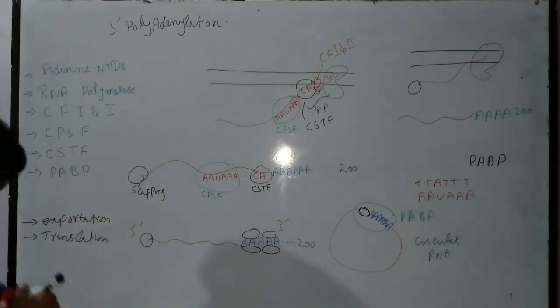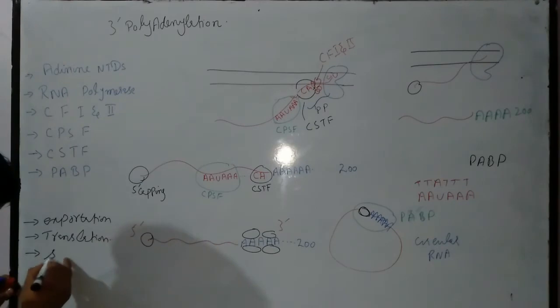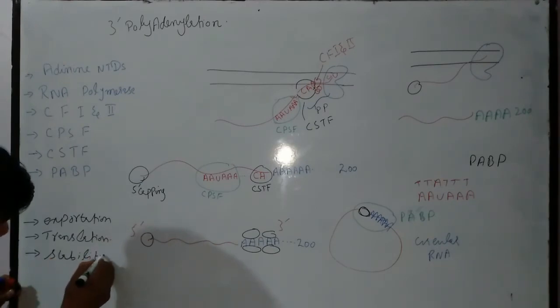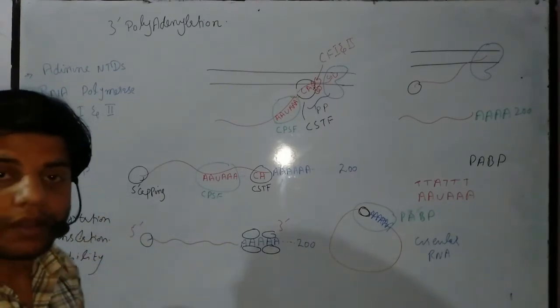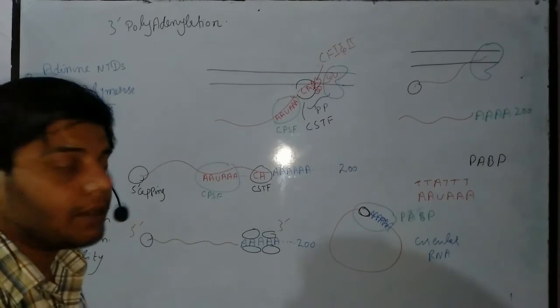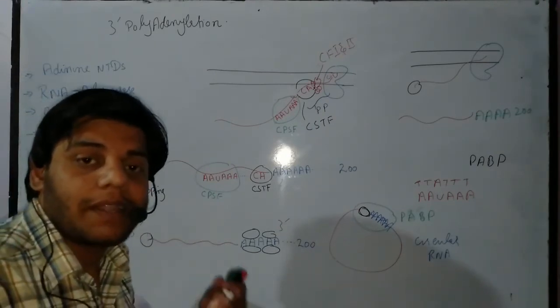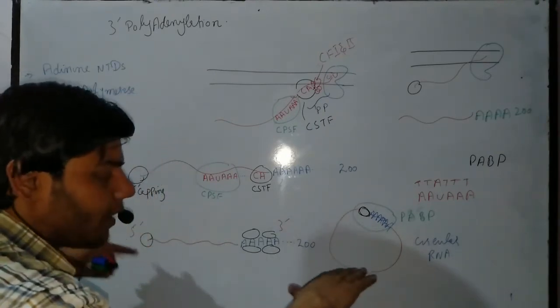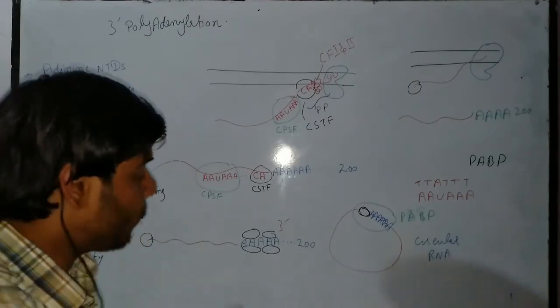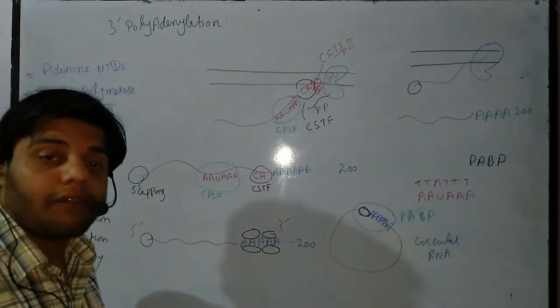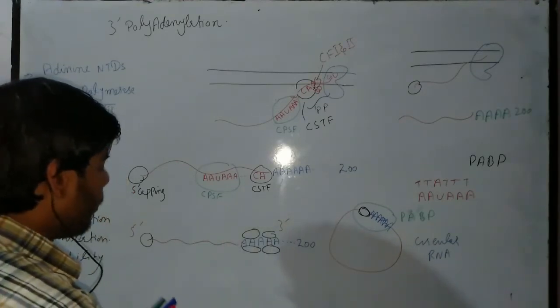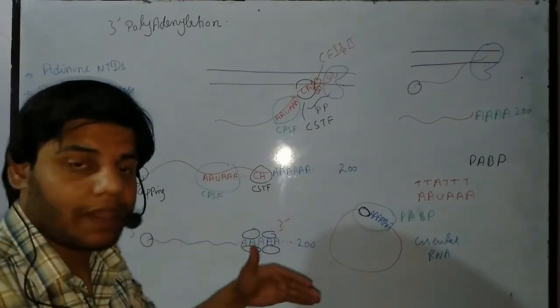Third thing is stability. It will stabilize the mRNA highly. Remember, once the mRNA becomes stable, it will keep its lifetime, or it will increase the lifespan of this mRNA.